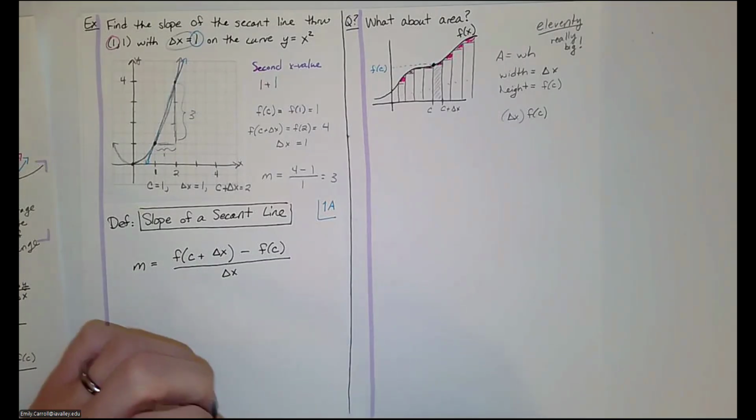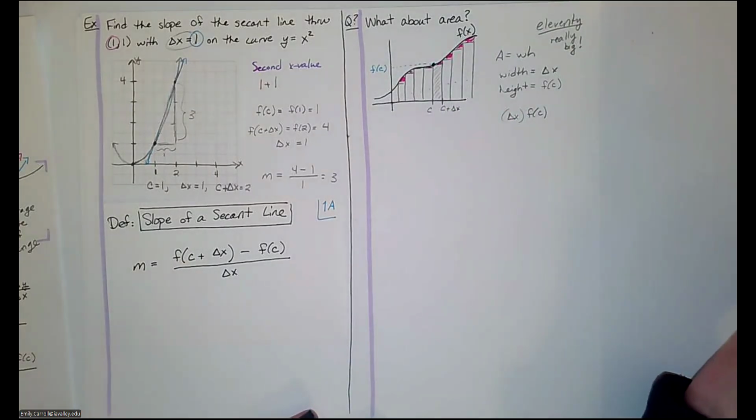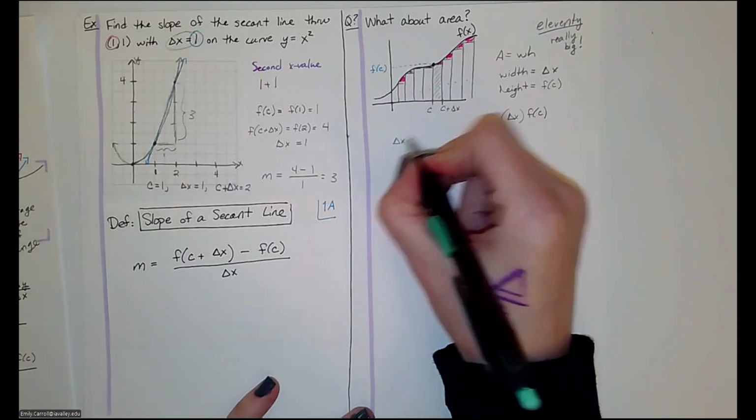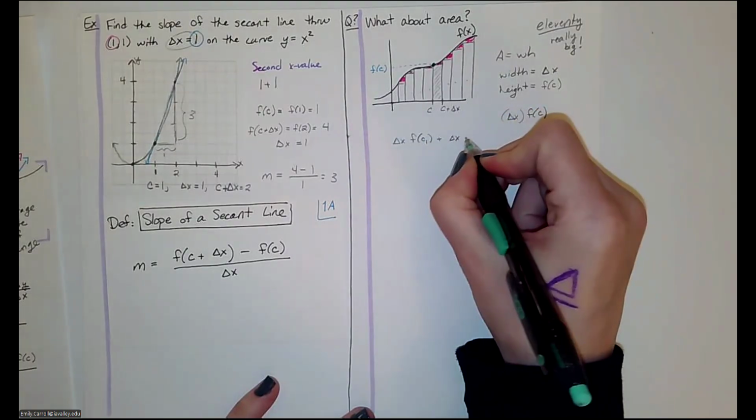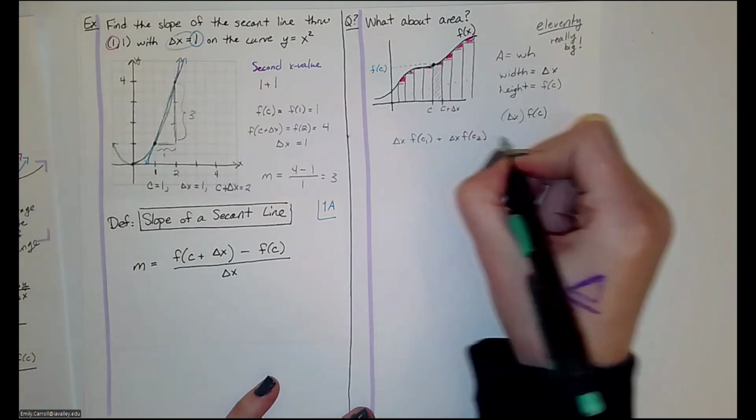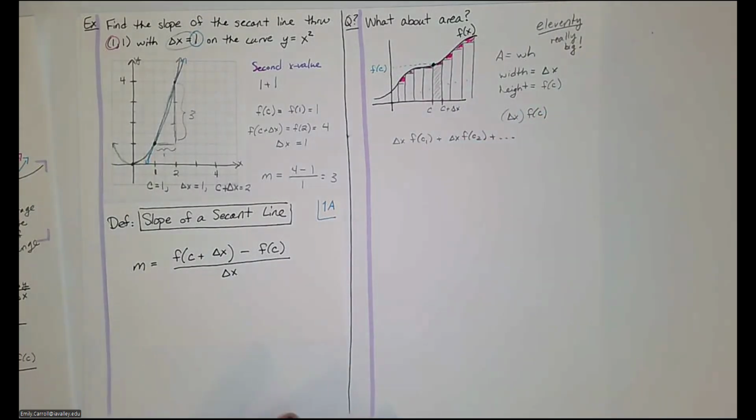Arbitrary, really big number, n. Okay, but that's just one rectangle. We need to do that for delta x times f of c1 plus delta x times f of c2, so we're going to have all different x values where we're going to do that. Add those all up, and we get those areas of the individuals.